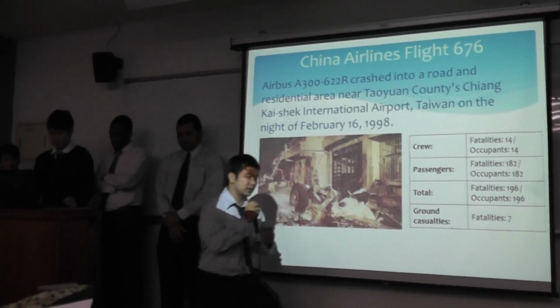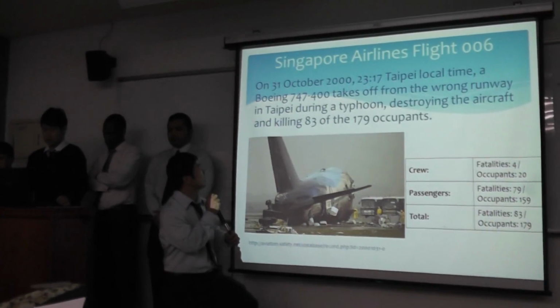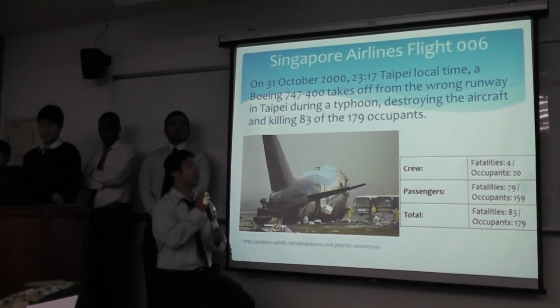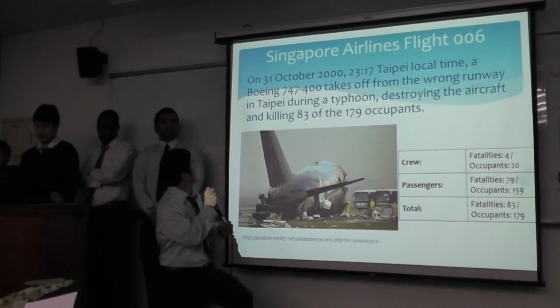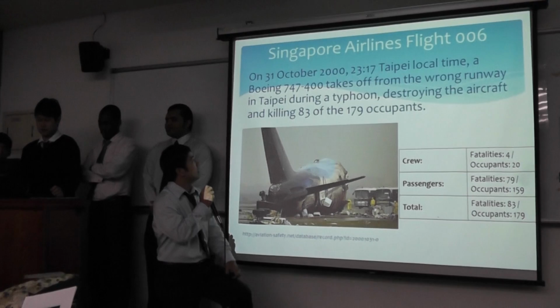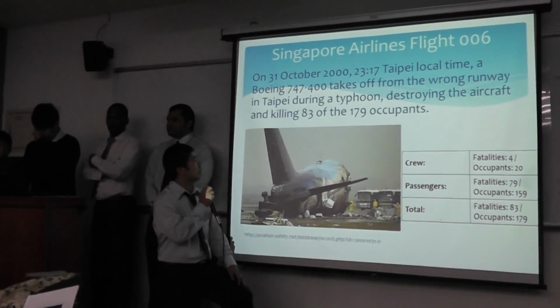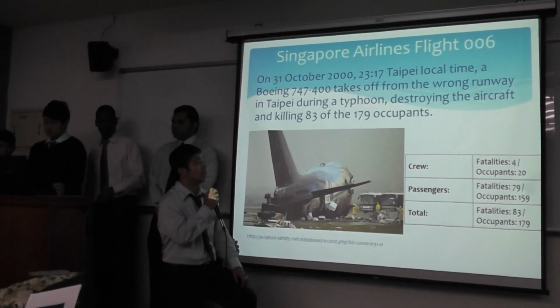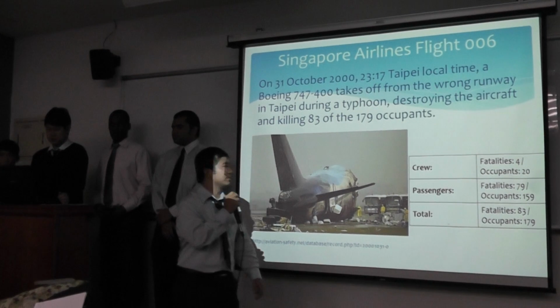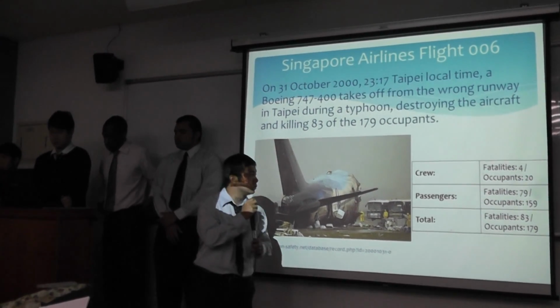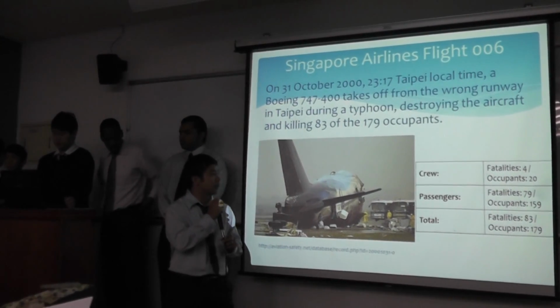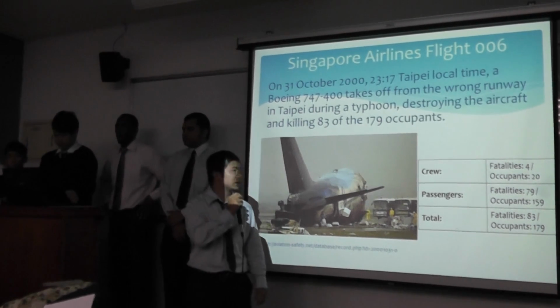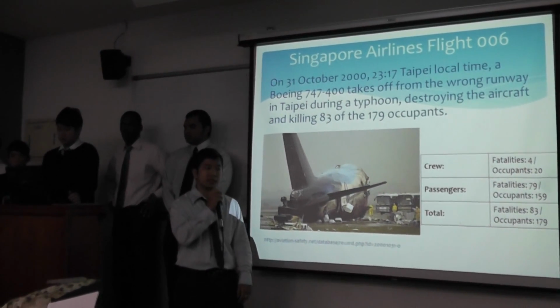And next, in the year 2000, there was another terrible accident. The Boeing 747 took off from the wrong runway during a typhoon, and it was destroyed. Of the total 20 crew, 4 died. Of the total 159 passengers, 79 died.